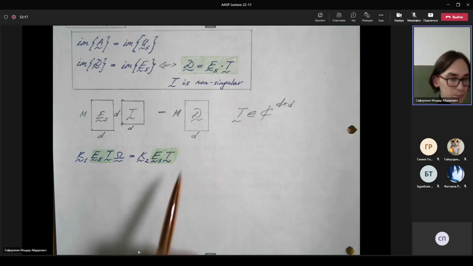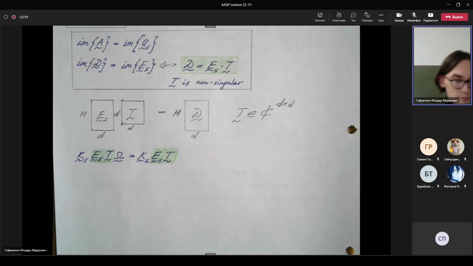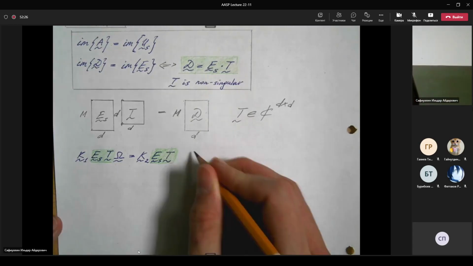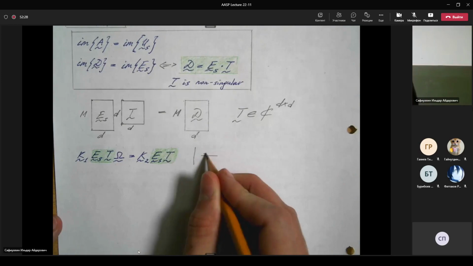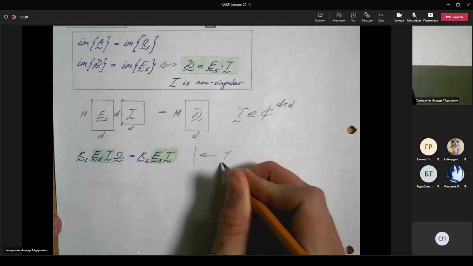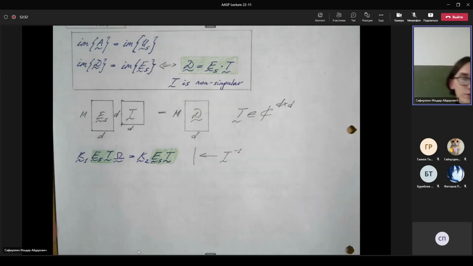Then we put this equation in the green box into the shift invariance equation for 1D unitary ESPRIT. Then let's multiply from the right side with the inverse of matrix T, both sides.